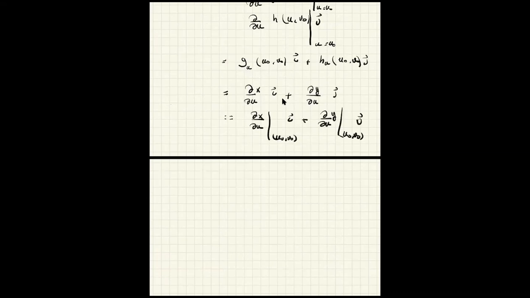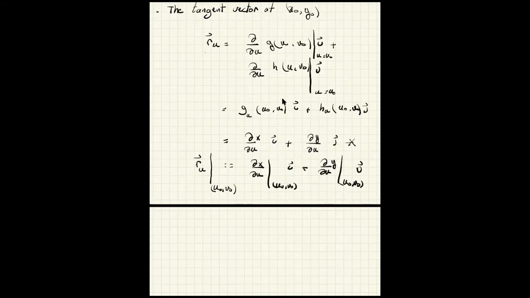Because x and y are functions of u and v. So that's the tangent vector r_u at the point (u0, v0). But again, I'm not gonna write this all the way along, but we will understand what we mean. So this is actually the tangent vector here.